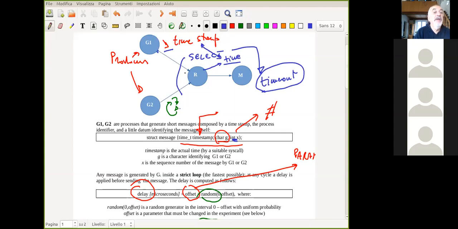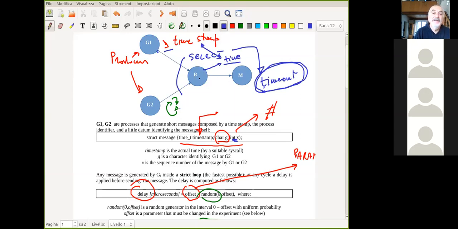If there are no data, you wait a timeout time. And if this timeout is too long, of course, it makes the system run slowly. So you have to also decide this.